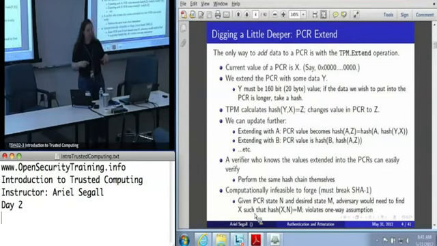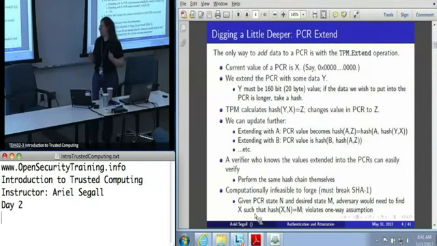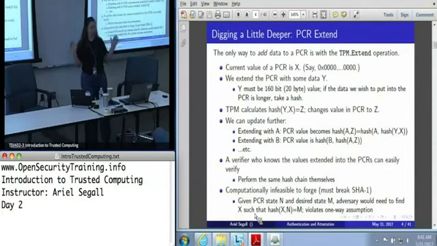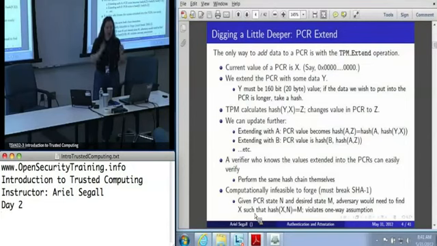So the TPM will then calculate the SHA-1 hash of that data y and x, which is to say the data that was already in the PCR. So it's combining the old and the new data, and then it overwrites what's in the PCR now with that combined hash.